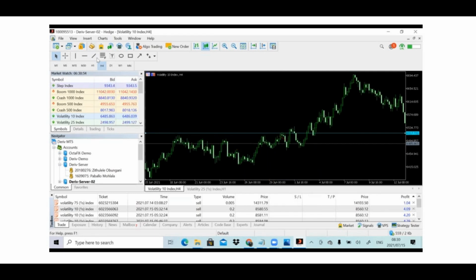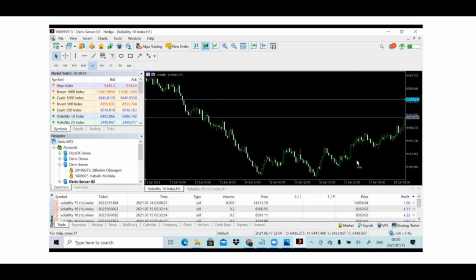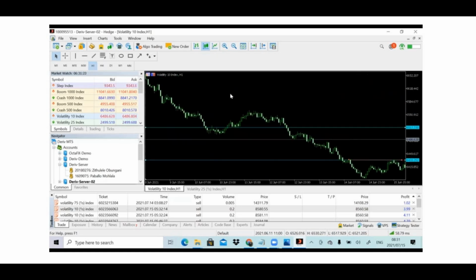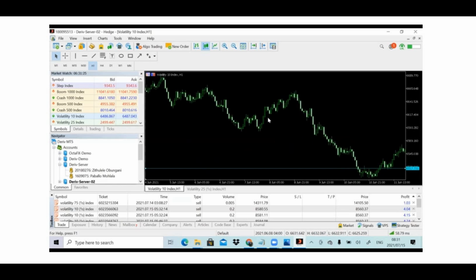Then we use the other ones as complementary to our horizontal lines. For example, if we're trading this double bottom here, I'll have a horizontal line there. Alright, let's look at this head and shoulders here.